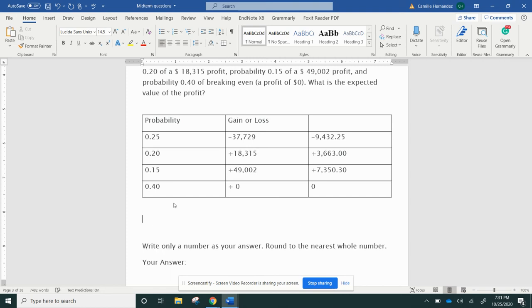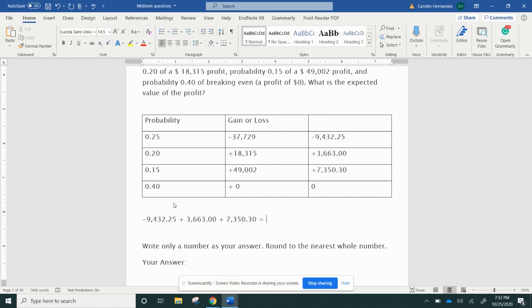So I'm going to do negative 9,432.25 plus 3,663 plus $7,350.30. All right, let's add this together.